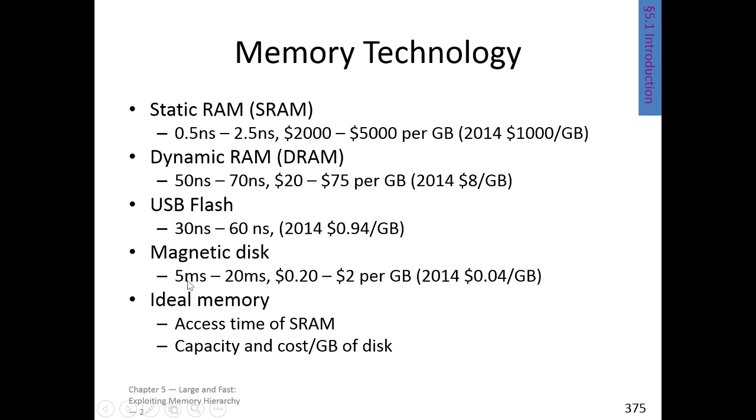Because, as you've learned, we're operating in nanoseconds or less on the cache, on the CPU, in stages on the pipeline. Can you imagine a 5 millisecond delay or even a 20 millisecond delay?